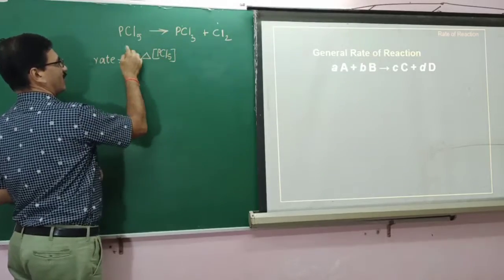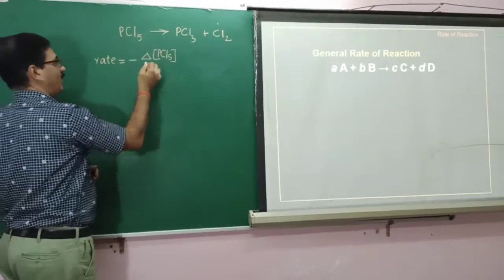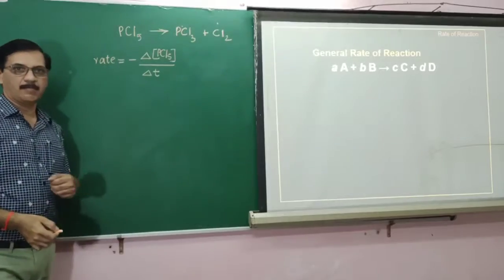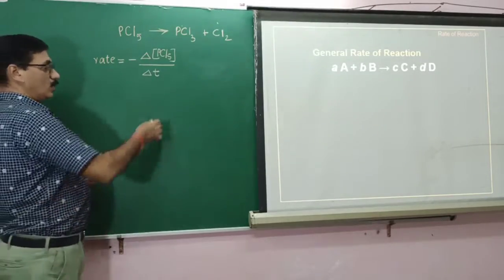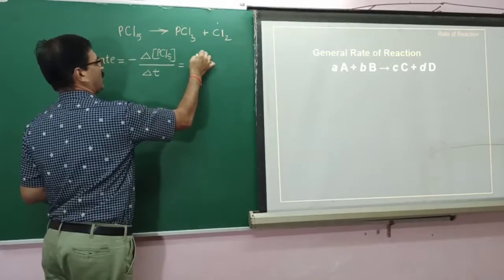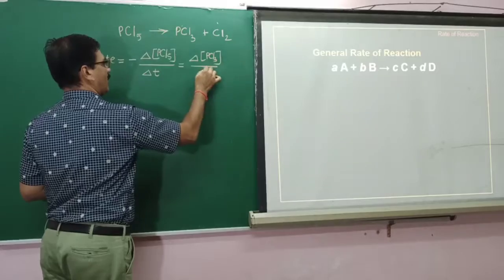Since it is a reactant, we represent it with the negative sign, by delta T. This is again equal to the change in concentration of the product PCl3 by delta T.